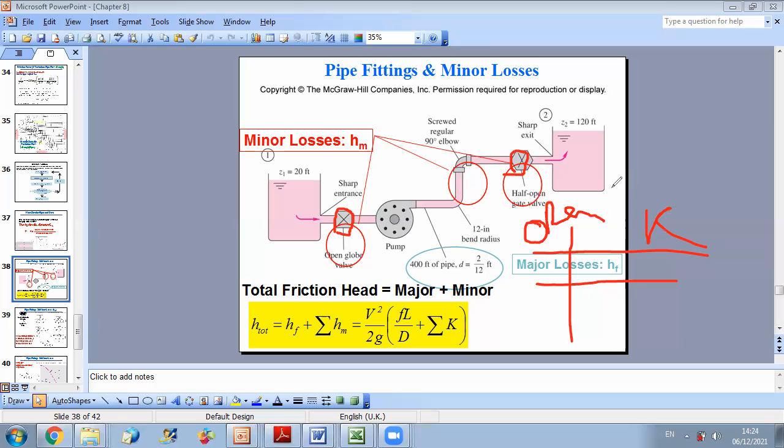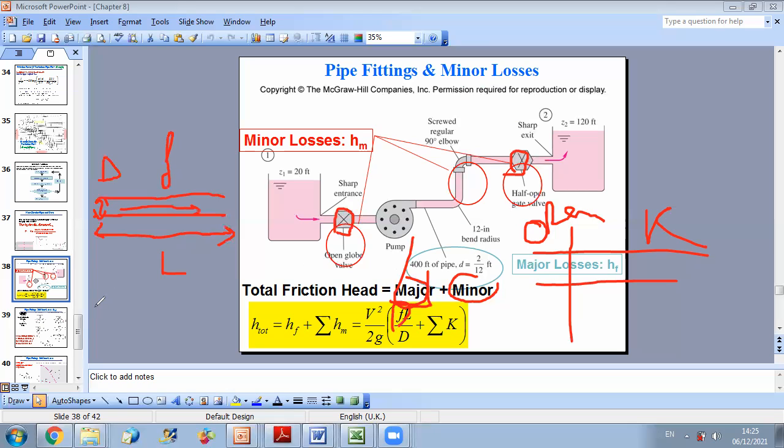What is K? We have two types of losses, major and minor. What is the difference? Major losses are related to losses in a certain pipe. If you are moving in a pipe segment, the segment is of length L and is characterized by a diameter D, and I can calculate a friction factor from the Moody diagram.